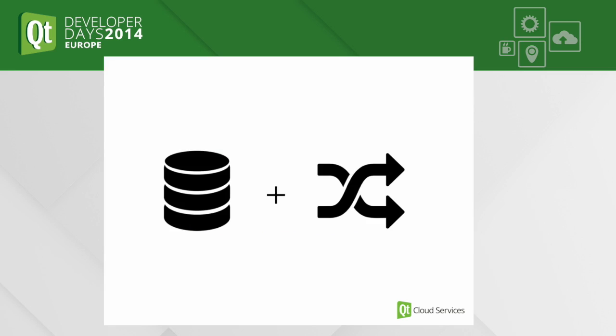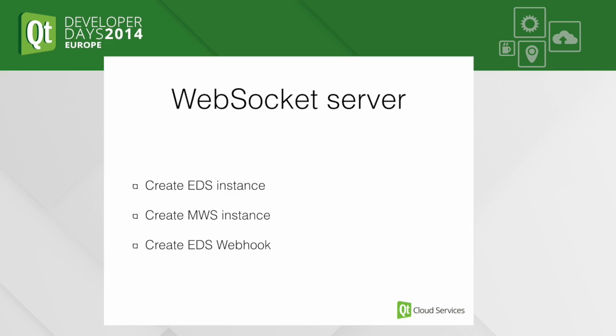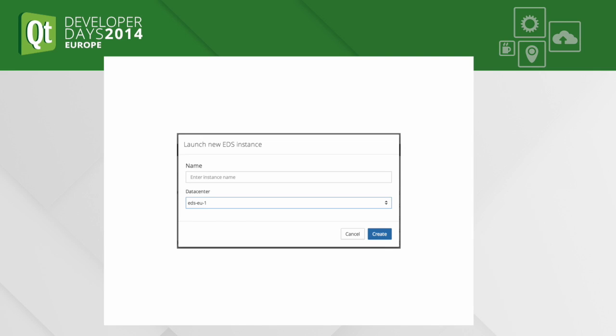To achieve this, we can use our Enginio Data Storage and Managed WebSocket Gateway. When you go to our web console, you can create a new Enginio instance. Just give it some name and push the create button, and it's created.